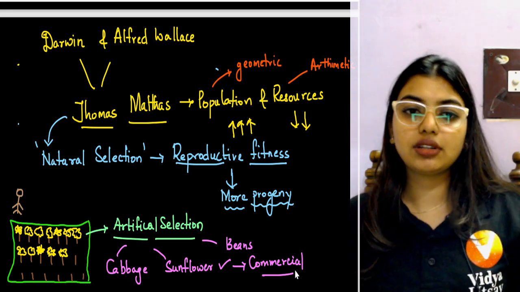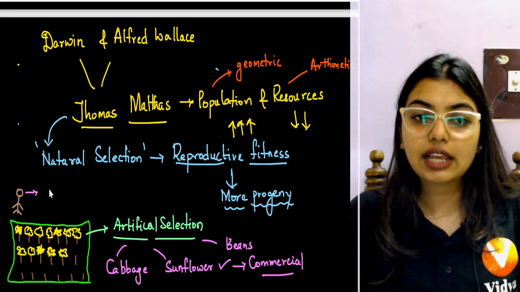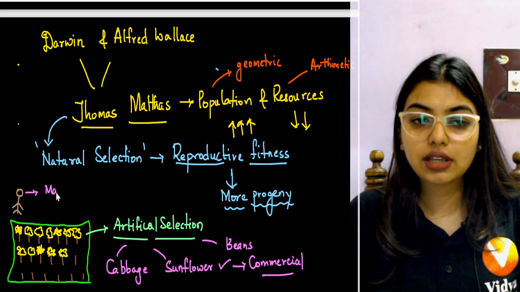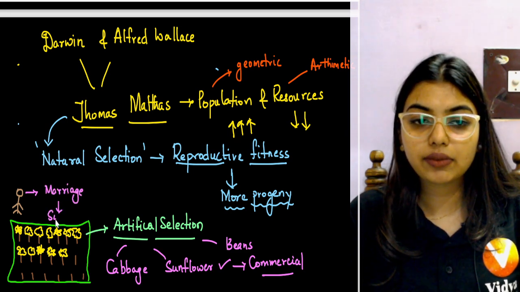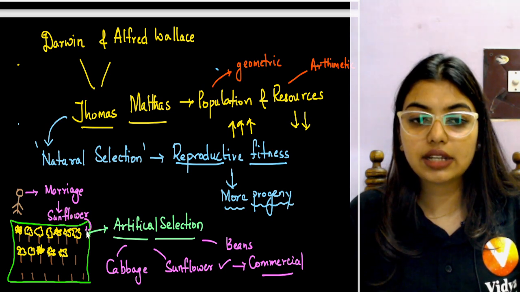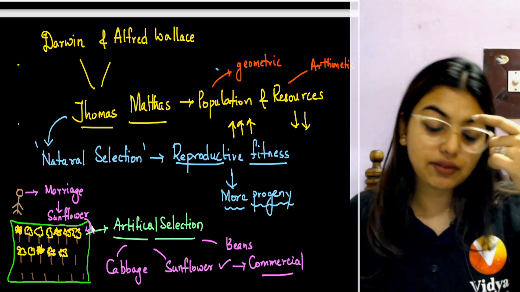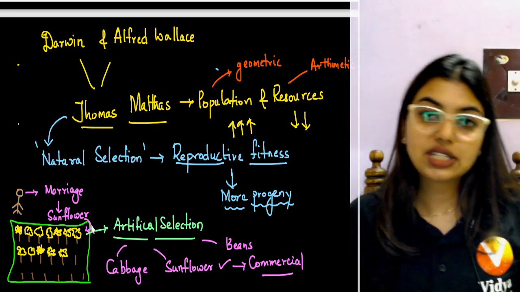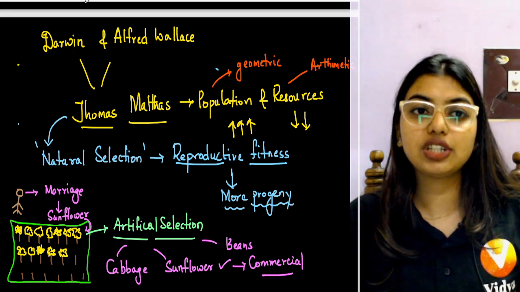Isn't this selection? Yes ma'am, it is selection, because as a farmer I have seen that all the marriages are using sunflower. So suddenly I start cultivating sunflower instead of cabbage. If artificial selection can happen, or when man can select, why can't nature do the selection, was their question.